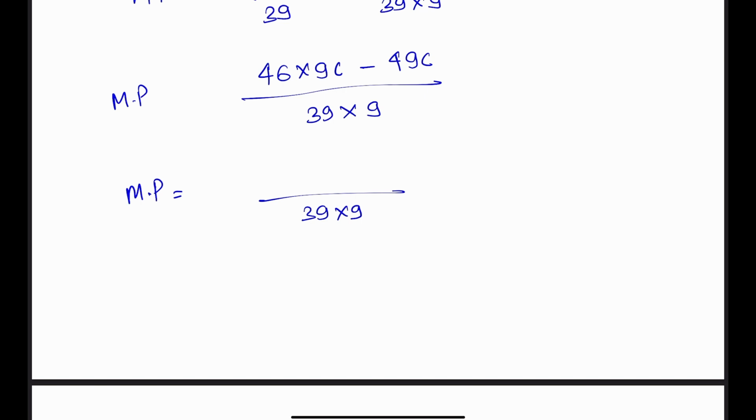So that's kind of tricky. So 460 minus 46. 460 minus 46. So 46 plus 4 is 50, 40. So 414. 414 is this one. 414 minus 50.